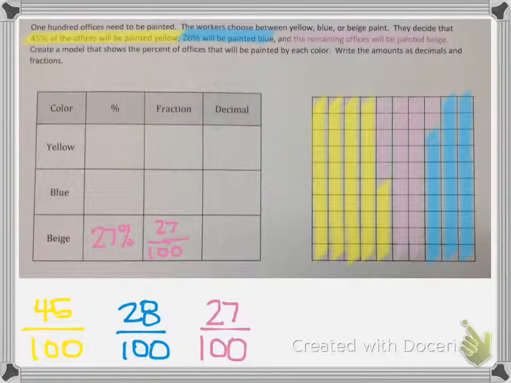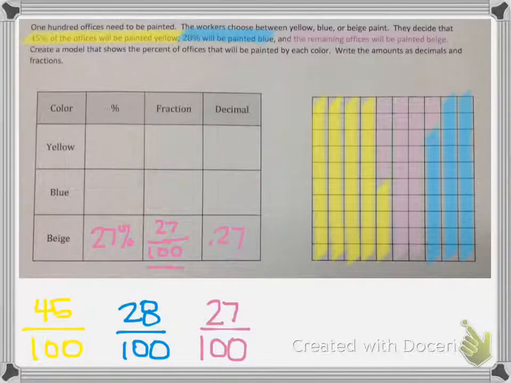And then to find the decimal, we just have to put 27 in the hundredths spot. So I start with my decimal, and the 2 is in the tenths place, the 7 is in the hundredths place, so this reads 27 hundredths, which is the same as my fraction, and it fits my percentage.